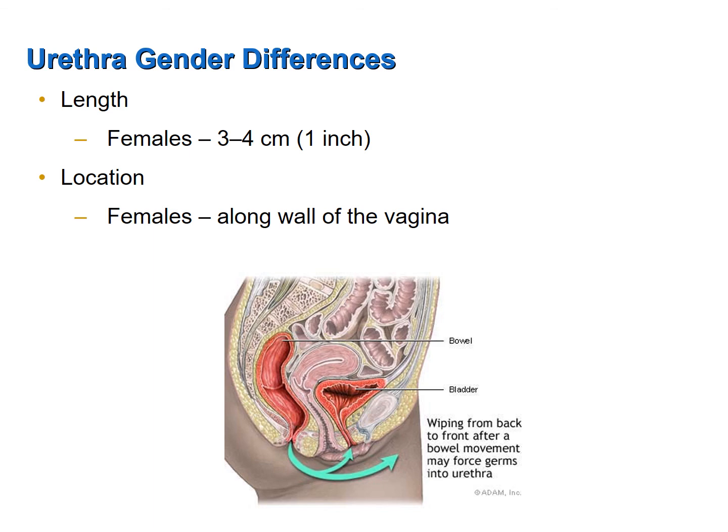Women are much more prone to developing urinary tract infections because the opening of the urethra is surrounded by the vaginal mucosa, which is more hospitable to bacteria than the skin of the penis. Also, the urethra of women, or at least the opening, I should say, is much closer to the anus in women than it is in men.